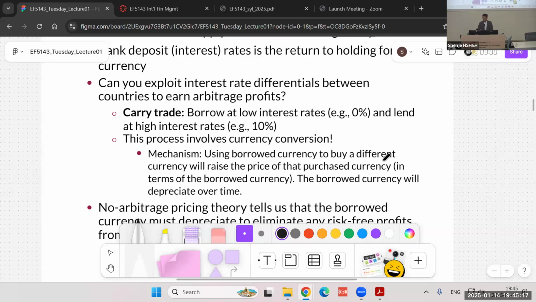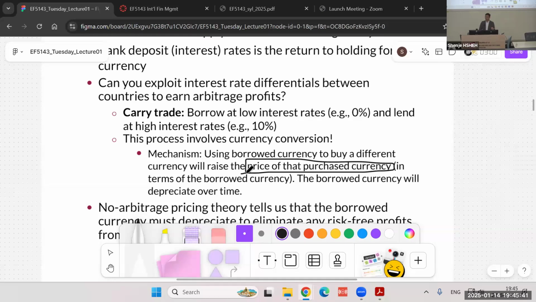Because once I borrow the currency and sell it, I'm going to raise the price of the purchased currency, right? If I'm going to buy Swiss francs, they are going to get more expensive over time. And so the ability to take advantage of this is going to disappear almost instantaneously, if it does exist to begin with.